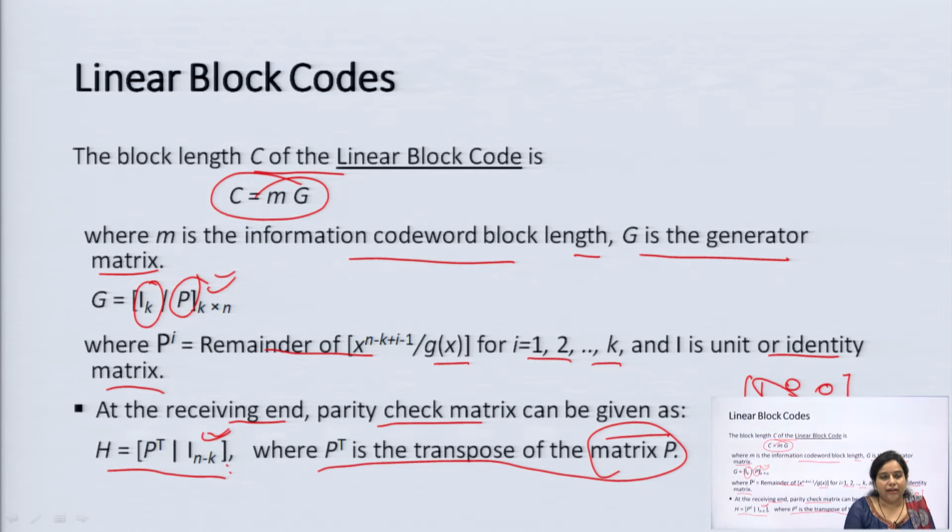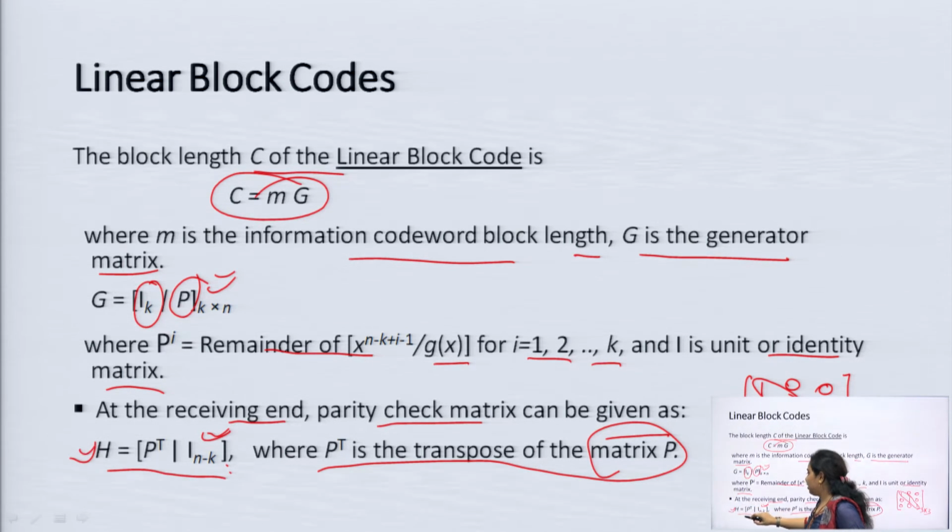At the transmitter side, it is used along with the generator matrix or the generator polynomial along with the identity matrix, and at the receiver side, whenever you want to check the error which has occurred, you have to use this H matrix, that is at the receiving end, it is equivalent to P transpose by I n minus k. So, this is how this matrix will be generated at the transmitter side and at the receiver side.